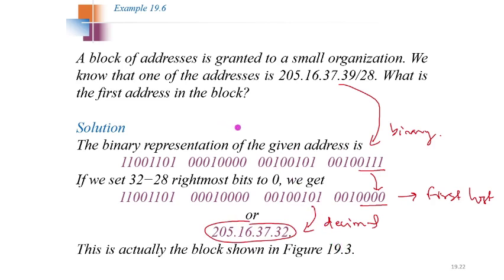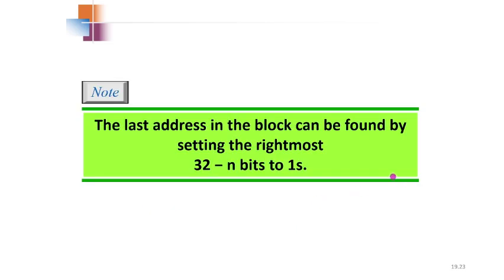So this is how to find the first address from the IP address and its mask bits. We can also find the last address. The last address in the block can be found by setting the rightmost 32 minus n bits to 1.